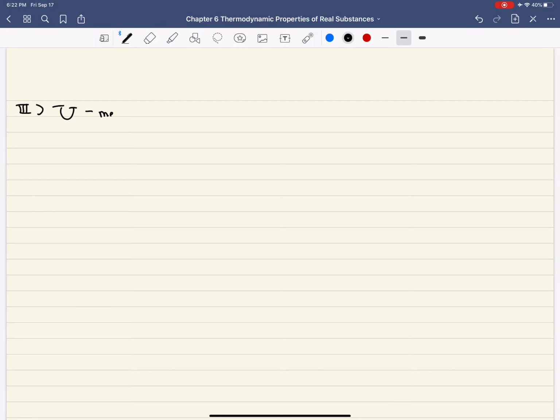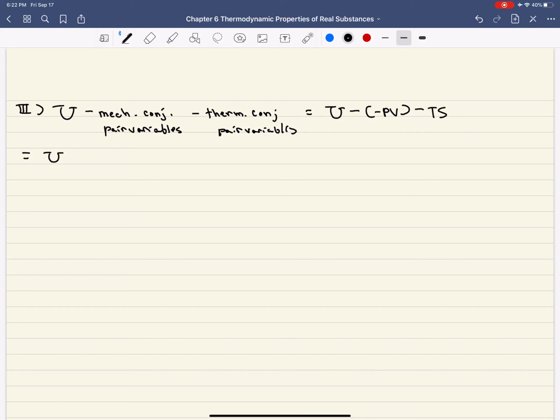So now let's subtract off mechanical and thermal conjugate pair variables. And so if we do that, we get U minus negative PV minus TS. Okay? And here, if we cancel out the negative sign, we get U plus PV minus TS.